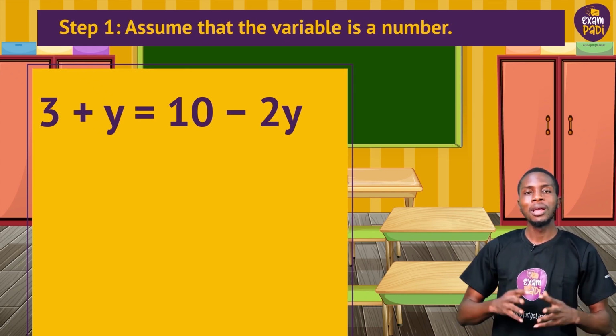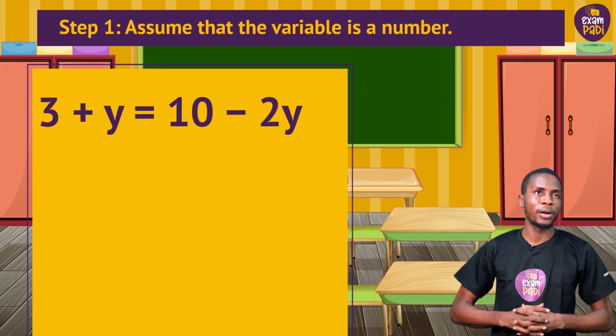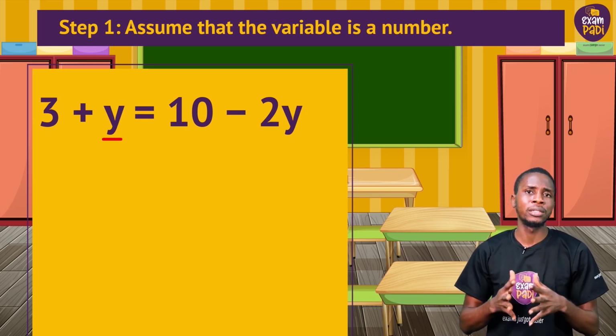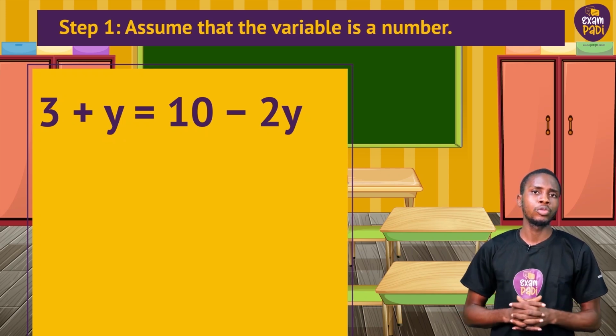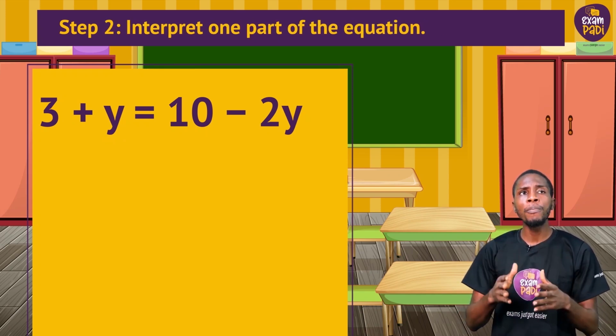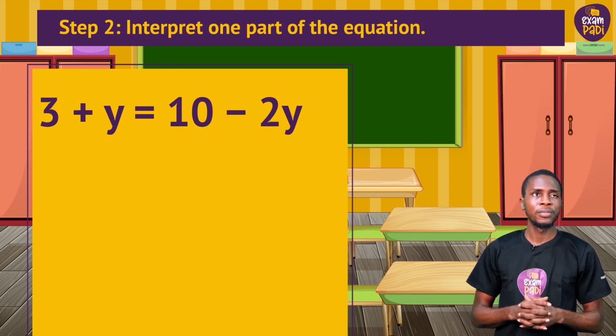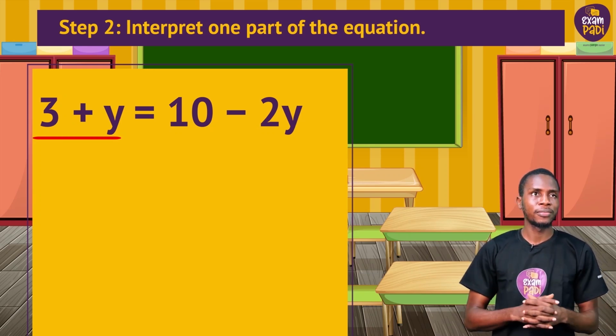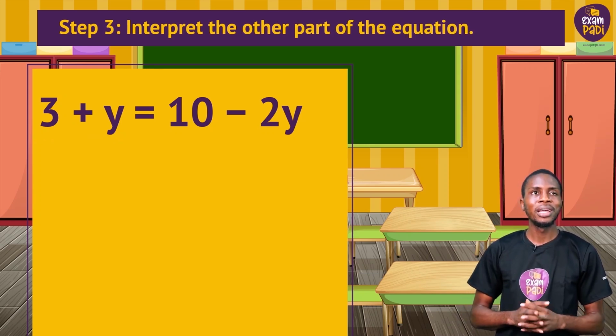Step 1. Assume that the variable is a number. In this case, the variable is y, so we will assume that y is a number. Step 2. Interpret one part of the equation. 3 plus y means we add a number to 3. Step 3.